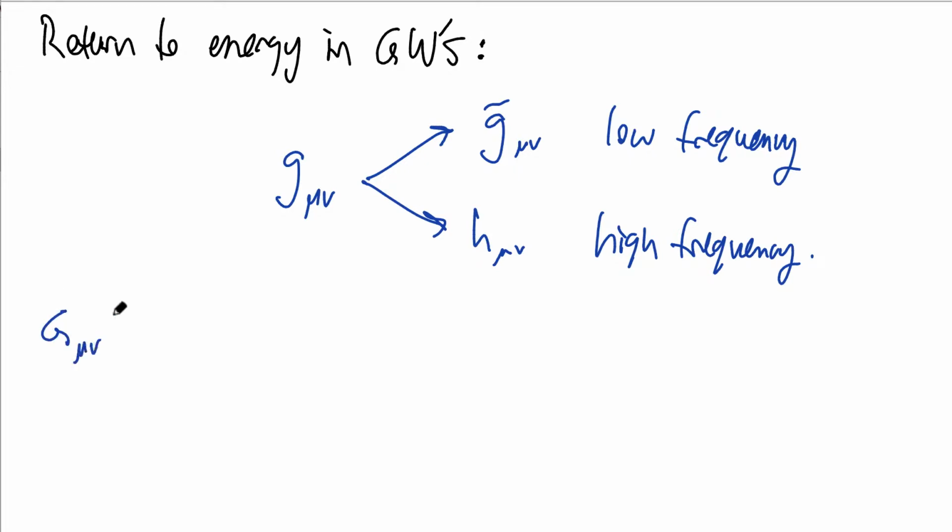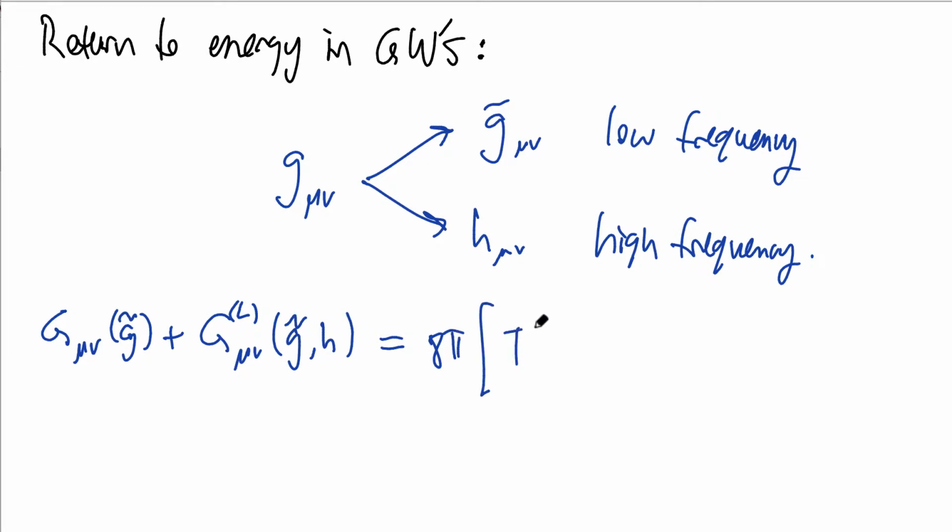We have the Einstein tensor of the background plus the linearized Einstein tensor, which depends on the background and depends linearly on the perturbation h, equals 8 pi times the stress energy momentum tensor minus 1 over 8 pi times the quadratic terms in the expansion of the Einstein tensor.